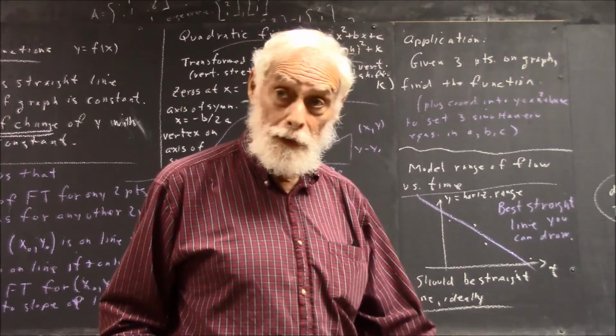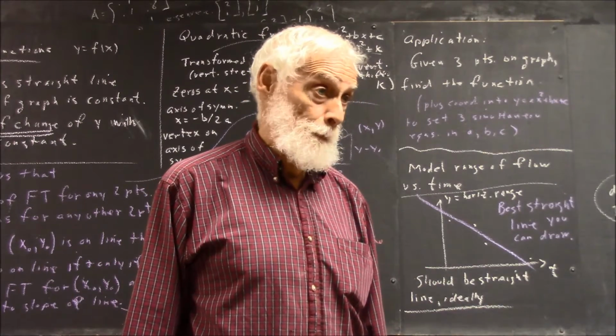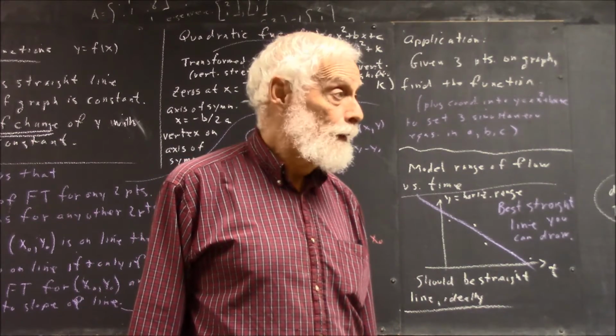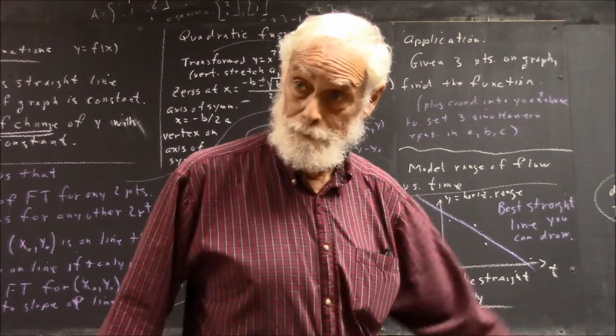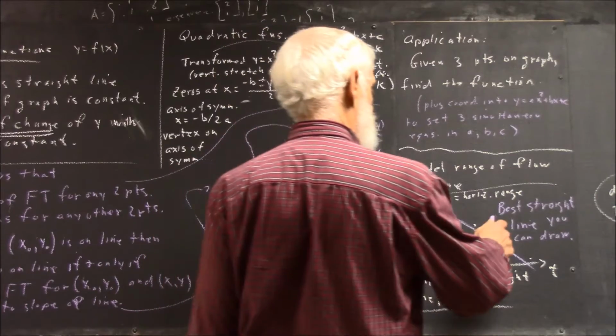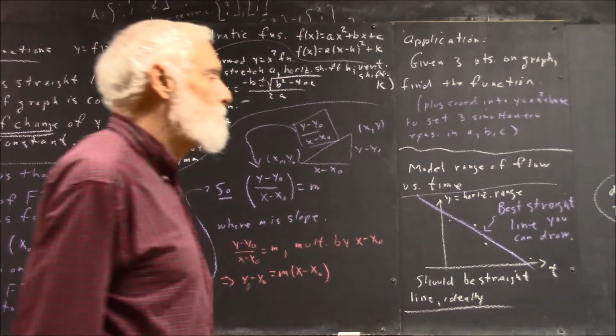It doesn't go through any data points just like the other one didn't. Okay? If it goes through a data point, that's just an accident. You're trying to get the trend. So you fit a straight line. Okay?